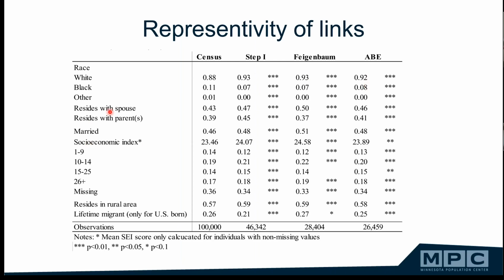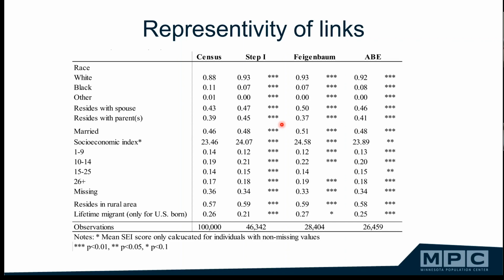As could be expected, given our method, we are overrepresenting individuals who are residing with spouses and with parents. But to some extent, so do the other methods. But in general, both the Feigenbaum and the ABE method are doing better when it comes to representation. That is, without a doubt, true.